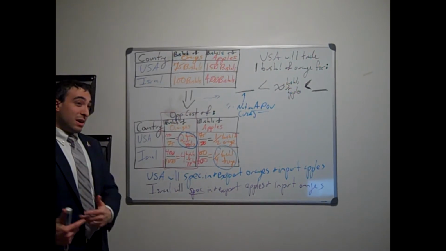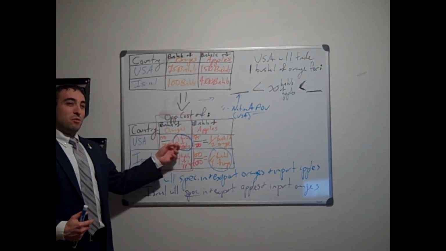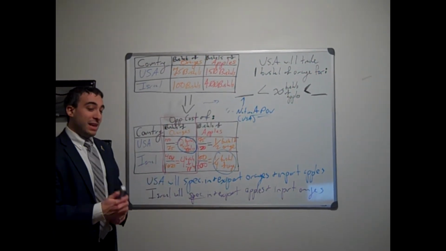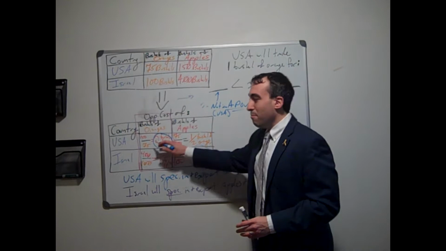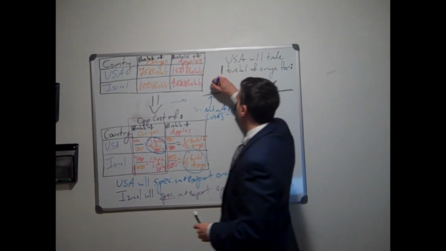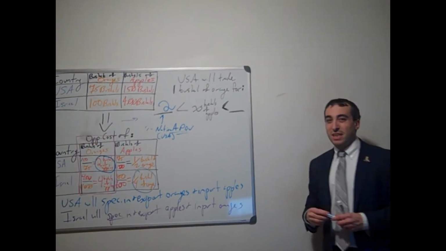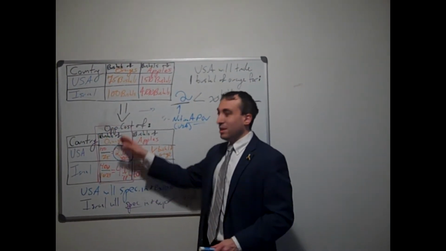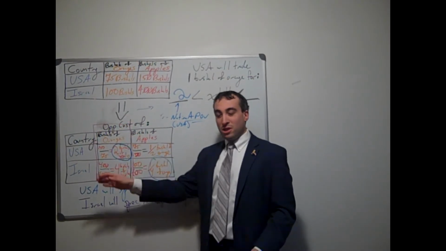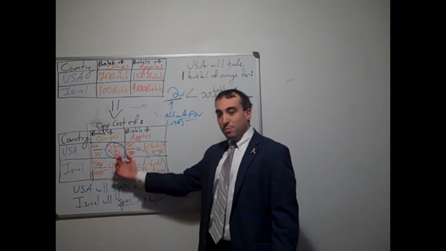So, America is going to want a number greater than it normally gets. America will benefit if, for every 1 bushel of orange it sends, America receives more than 2 apples in return. America would be benefiting because normally, to get 1 bushel of orange, it sacrifices 2 apples.